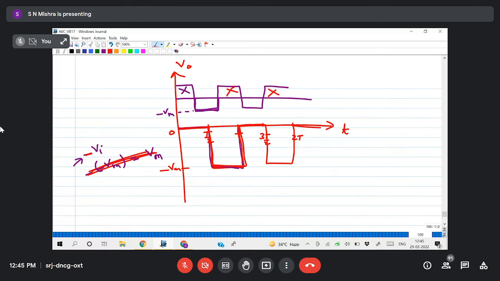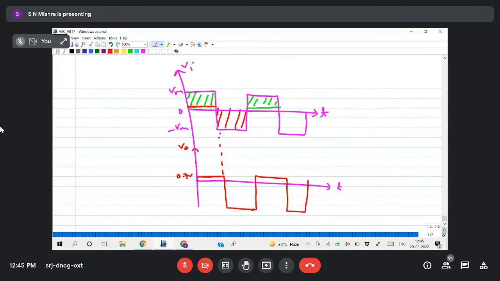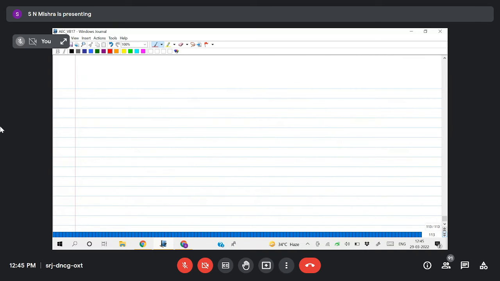ठीक है. Let us try to make it a little bit complicated, by taking a biased clipper. If you understand this simple thing, we will make a little bit of change.